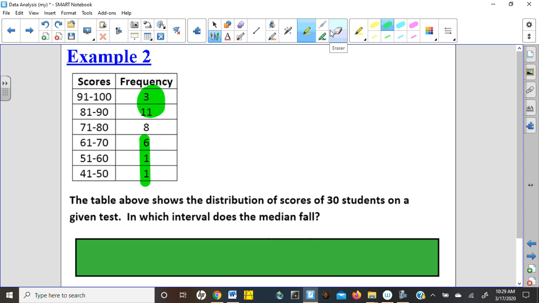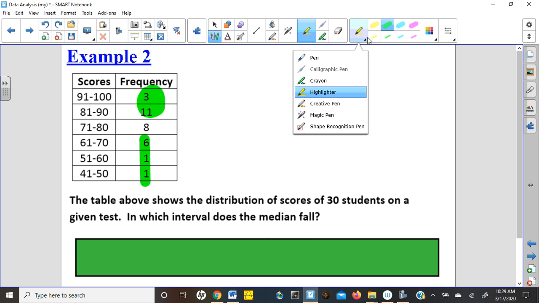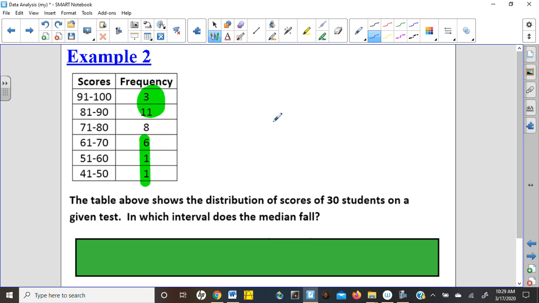Well, that means that I would have to get another 6 of these, right? And that means there'd only be 2 of these left for the middle. And that means that if I average them, I don't know what those 2 scores are, but that's going to give me the median.